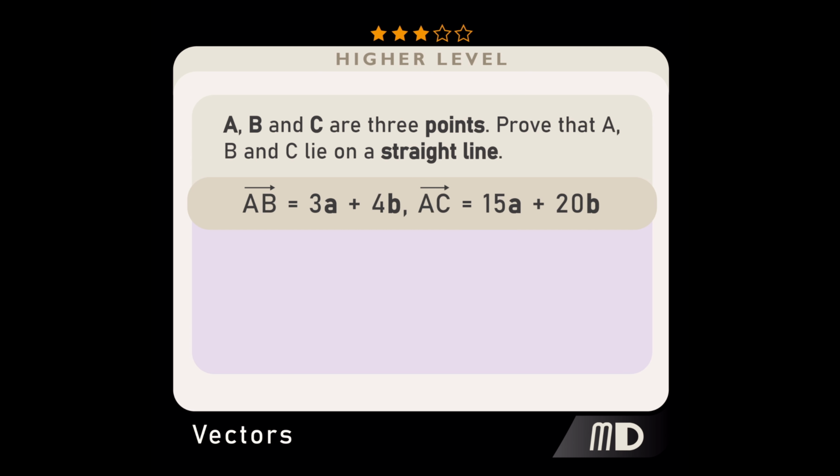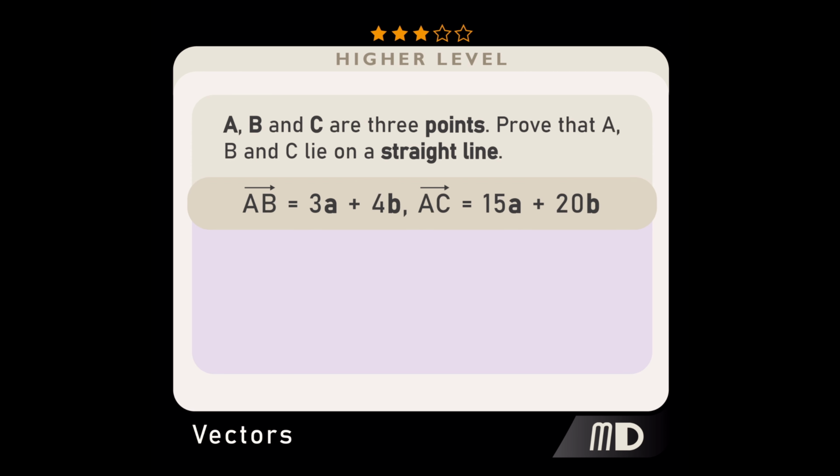To demonstrate collinearity, 2 conditions must be met: that one vector is a scalar multiple of the other, and that both vectors share a common point.